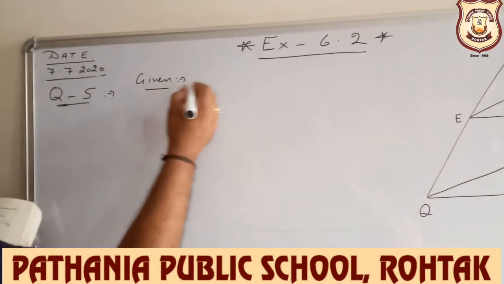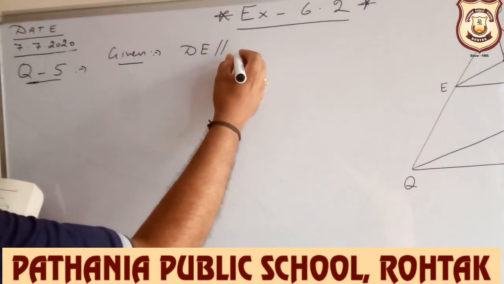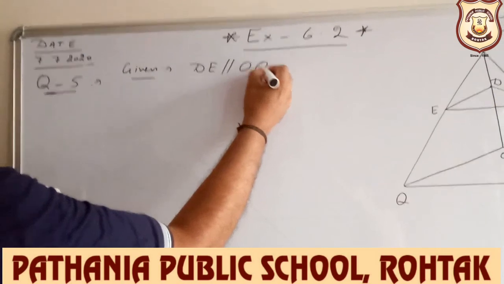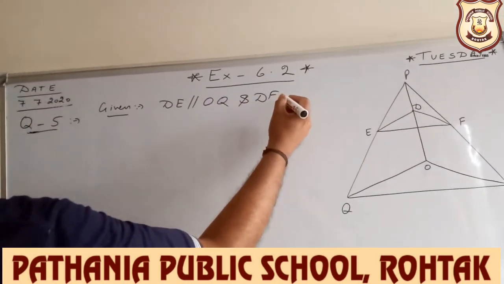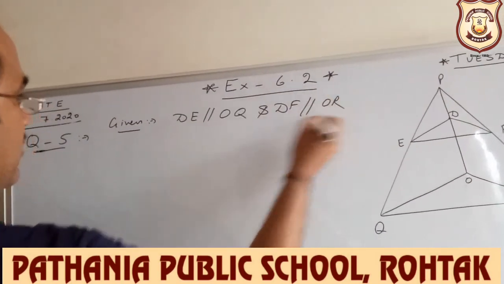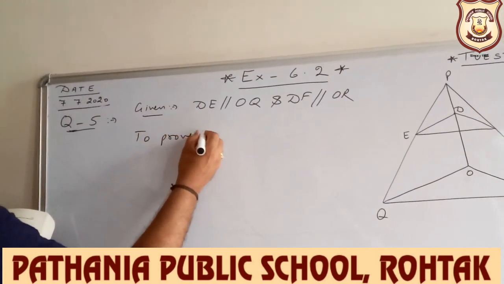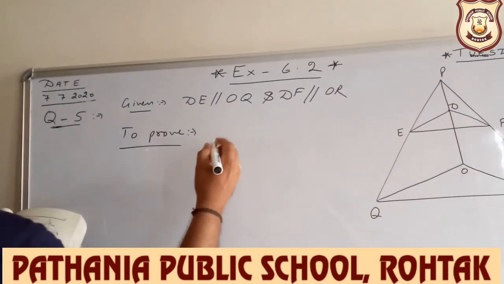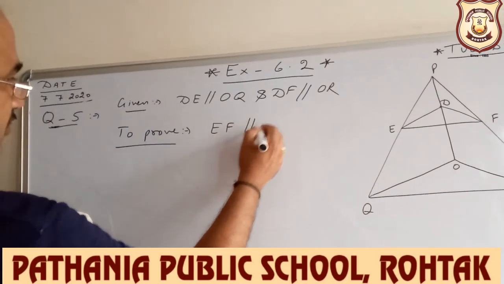In the given you can write DE is parallel to OQ and DF is parallel to OR. Then to prove, EF is parallel to QR.